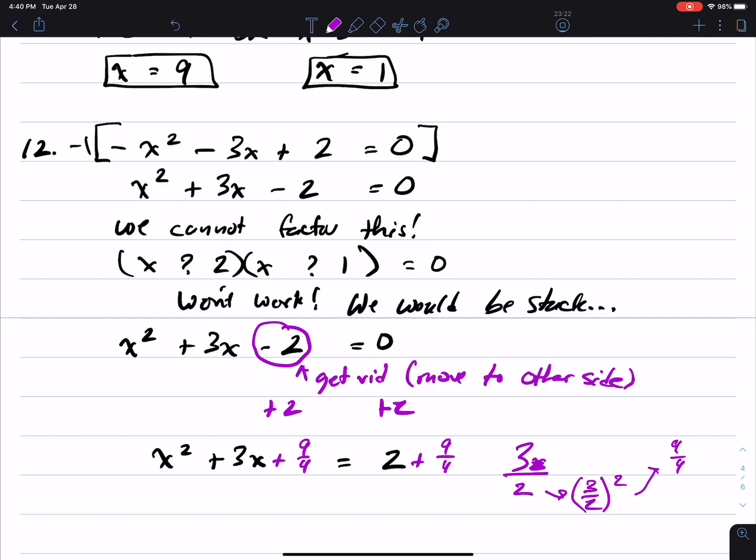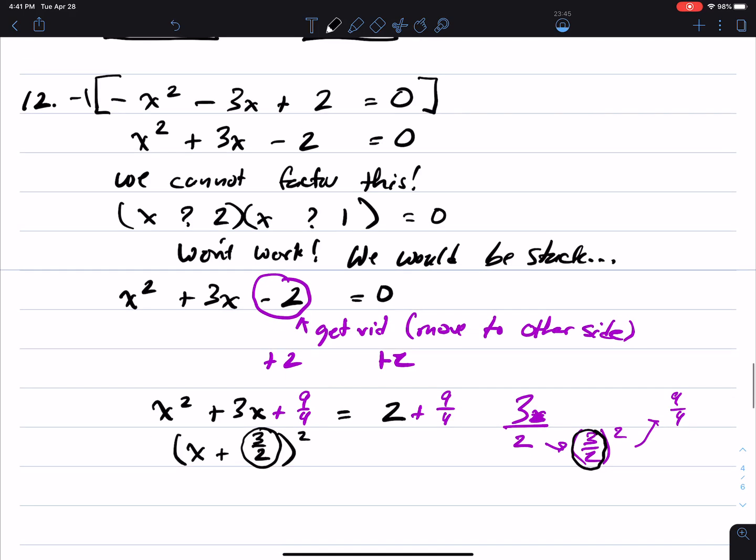All right, now let's switch this up here. We need to factor this expression now. We know it's a PST because we made it one. And so how's that going to factor? It's going to factor as x plus, hopefully you'll see that has to be 3 halves squared. And that value there will always match that value there that you got as part of the completing the square process.